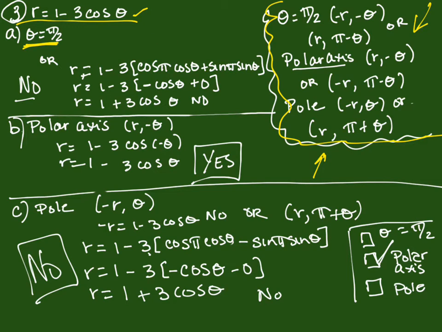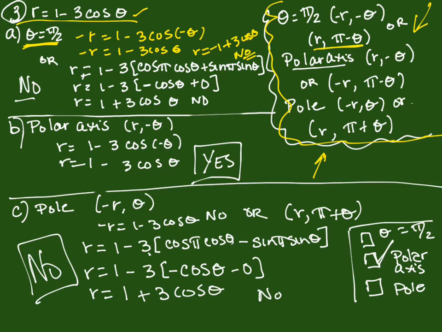It would be negative r equals 1 minus 3 cosine negative theta. And so that's negative r equals 1 minus 3 cosine theta. That would stay the same. So dividing by negative 1, I get r equals negative 1 plus 3 cosine theta. So that's definitely a no.